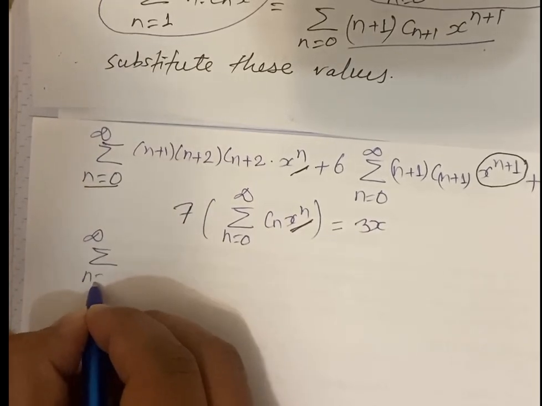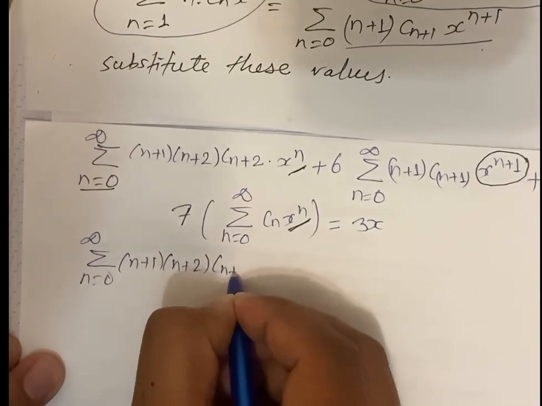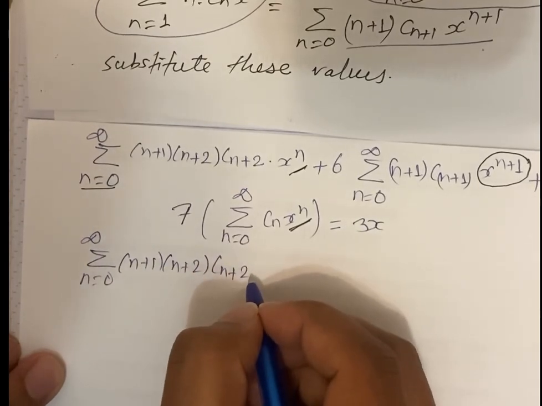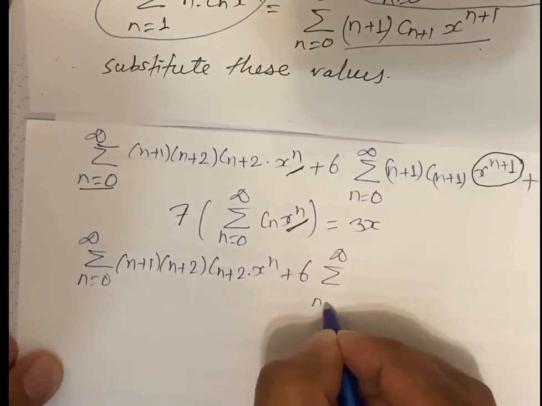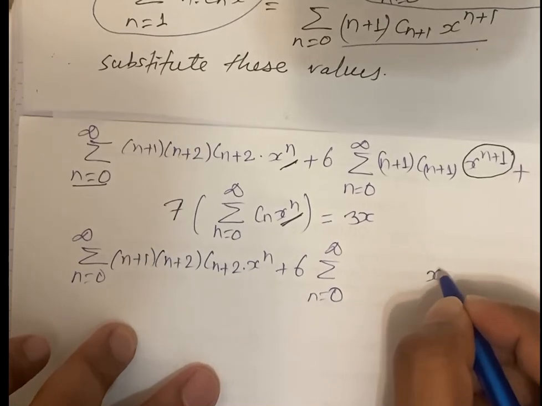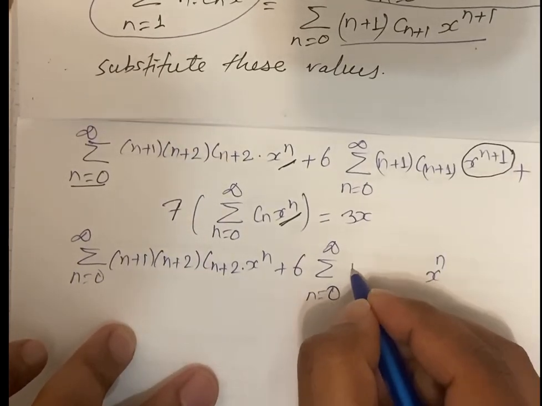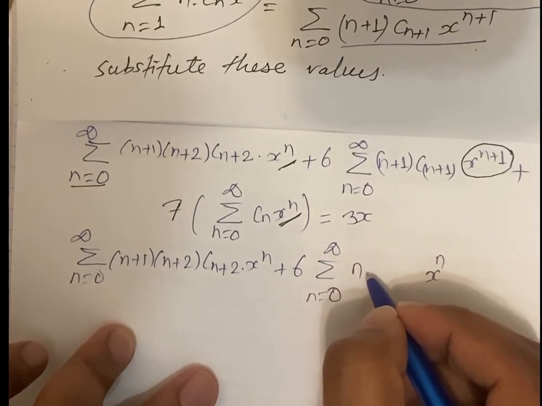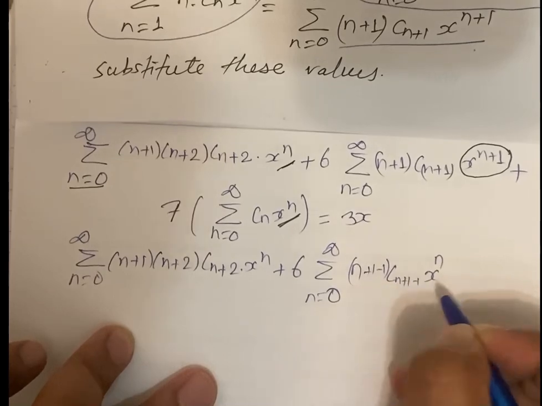This one is the sum from n equal to 0 to infinity of (n plus 1)(n plus 2) cn plus 2 x^n, plus 6 times the sum from n equal to 0 to infinity. Let's do this x^n, because we are going to shift this down. So this is n, that is n plus 1 minus 1, and cn plus 1 minus 1.